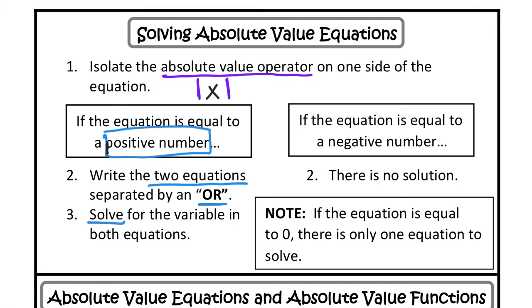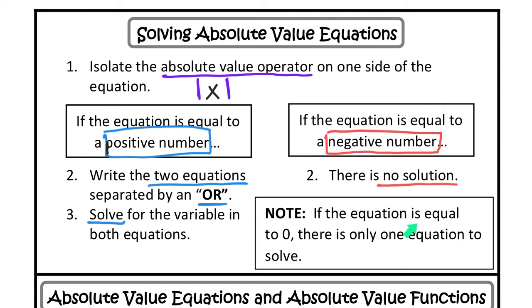Okay. If I get a negative number, so if this equals a positive number, we're going to follow the steps on the left. If this equation, whatever it is, is equal to a negative number, then we celebrate. In other words, we don't have to do much work. If it's equal to a negative number, there's no solution.